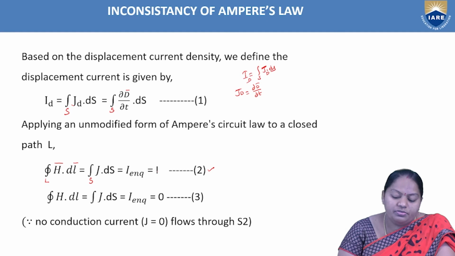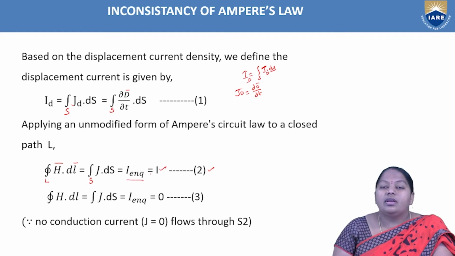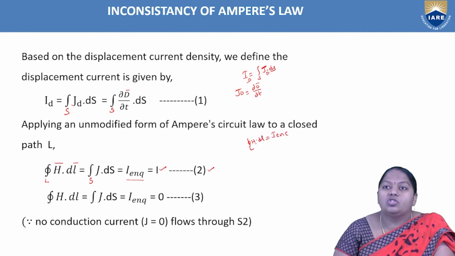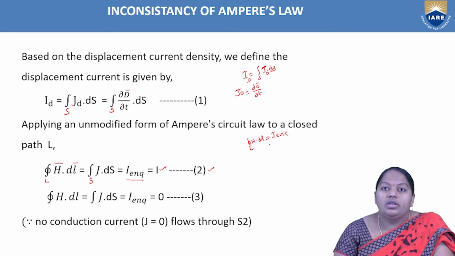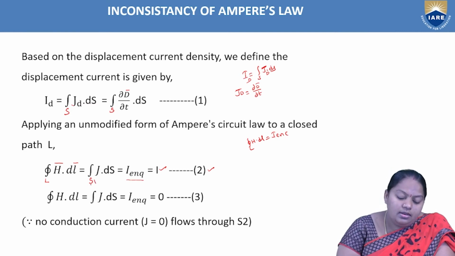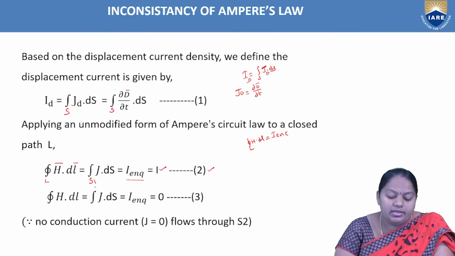This is the equation for I, which is equal to I enclosed. According to Ampere's circuit law, the closed line integral over L of H dot dl is equal to the net current enclosed by that path, I enclosed. So throughout that path L and the surface we have considered, S1, hence J dot dS.